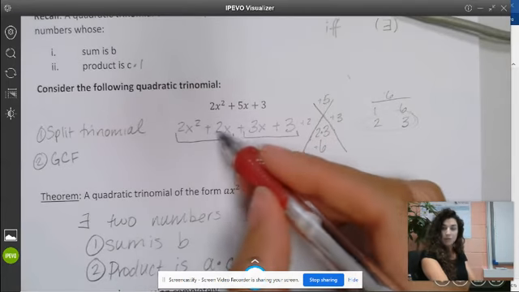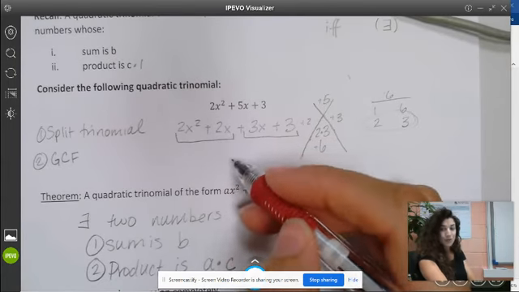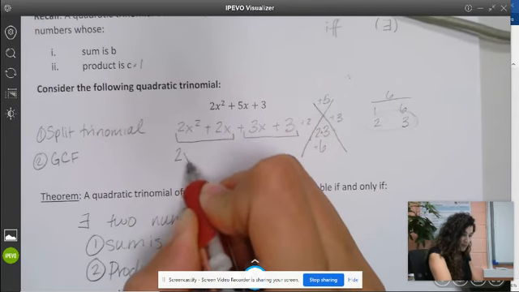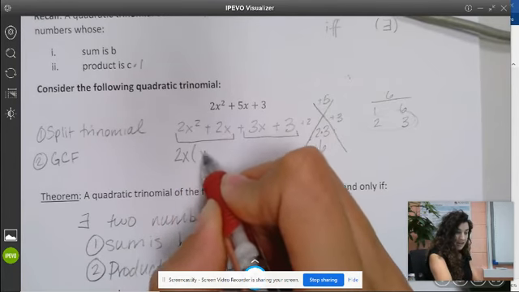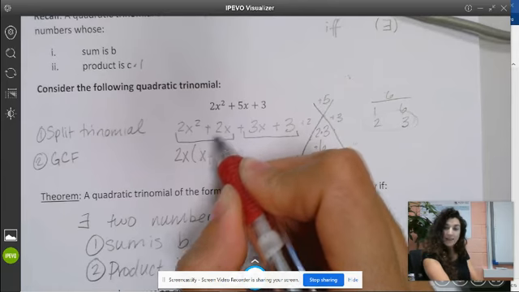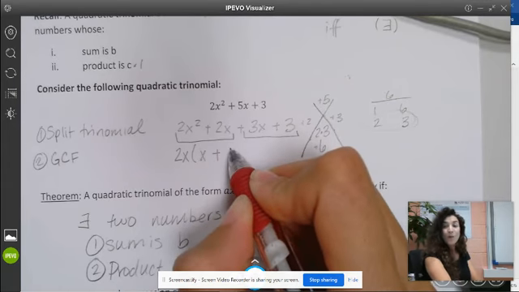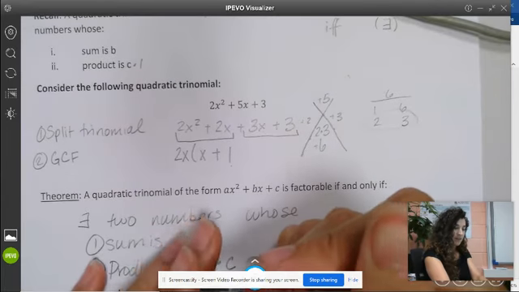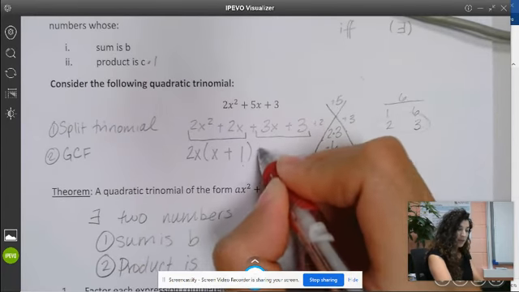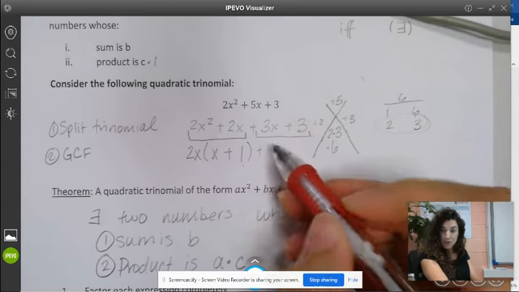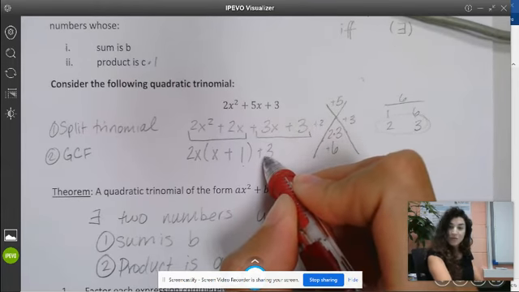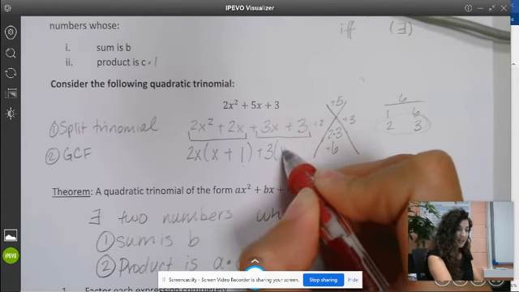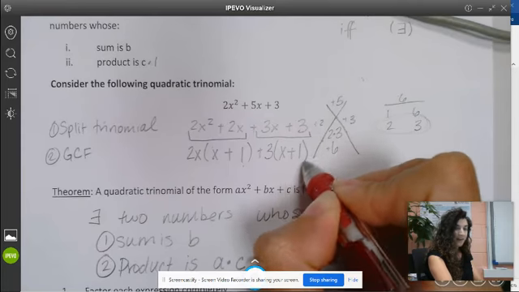The greatest common factor between these 2 terms is 2x. What is left is x plus 1, since 2x divided by 2x is 1. Plus, the greatest common factor between these two is 3, and what's left is x plus 1.